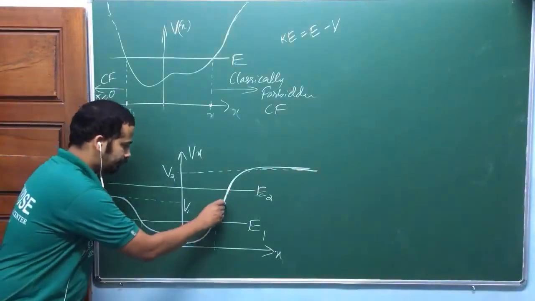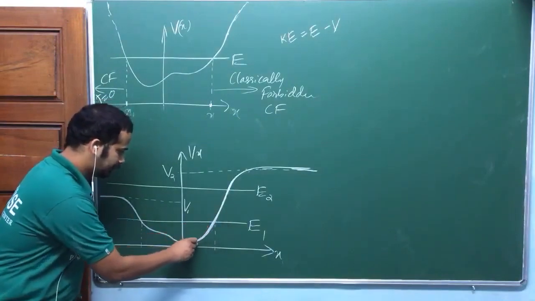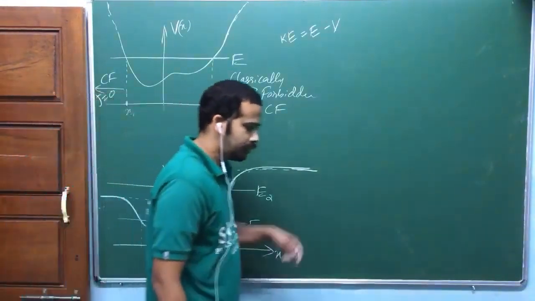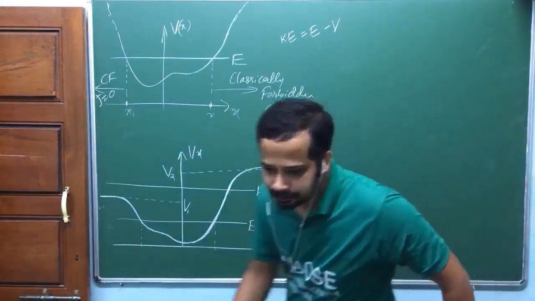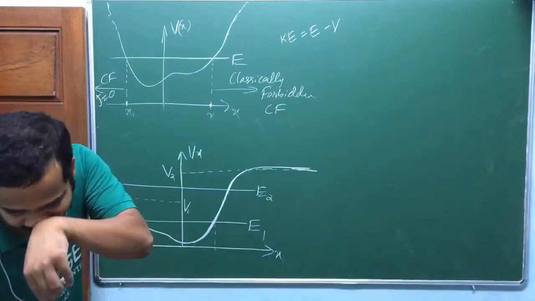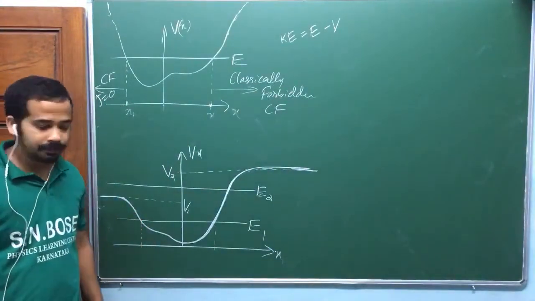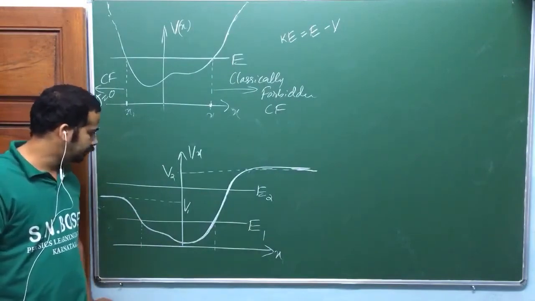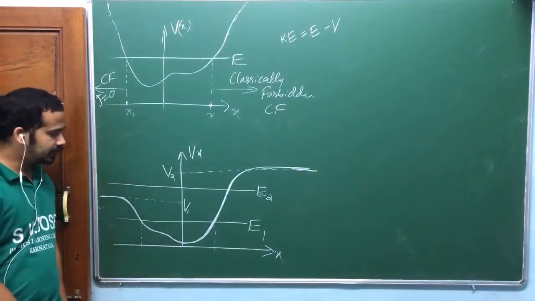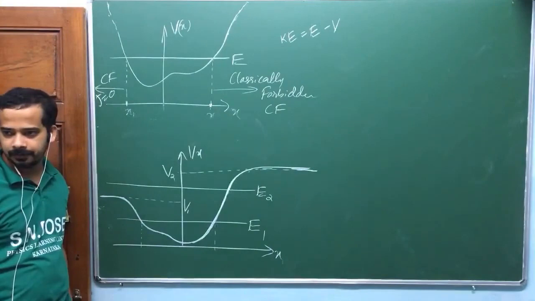Speak out. If the particle has energy E1, whether it is bound or unbound quantum mechanically, quickly tell me. How? Can the particle escape? Where will the particle escape?